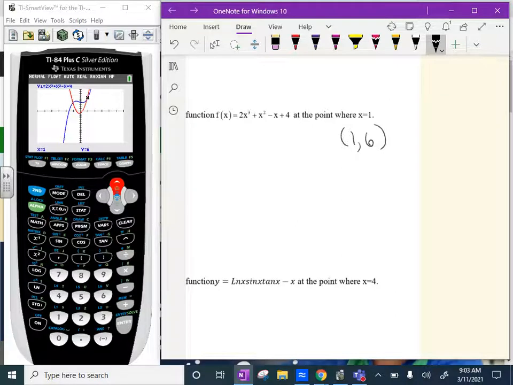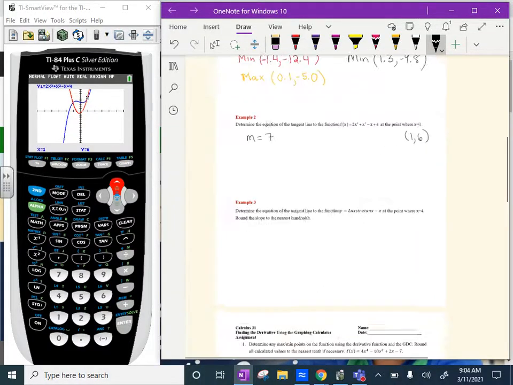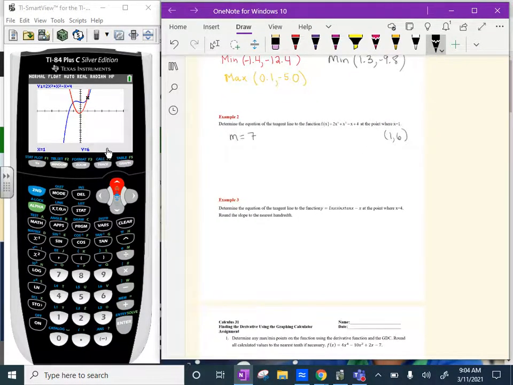So remember, guys, you put 1 into my original graph to get my ordered pair, because I need my x and y, because here I'm writing the equation of a tangent. So my point is 1, 6. My slope is 7, because remember I got my slope by putting 1 into my derivative graph. So now you can write the equation.